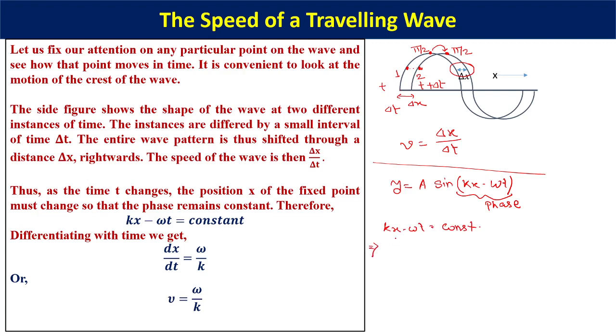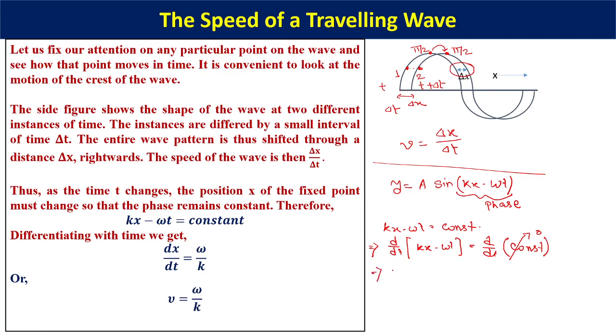If it is a constant, let me first take the derivative with time. Then this is kx minus omega t, and on this side also I will take d by dt of the constant. But d by dt of a constant is actually 0, because the first order derivative of any constant with respect to another quantity is always 0. Derivative of a constant is always 0.